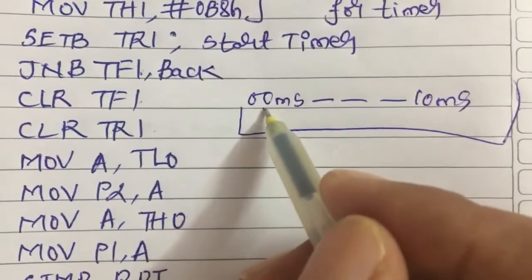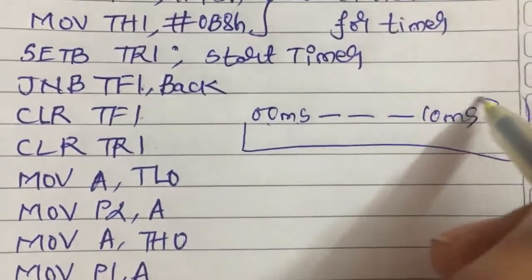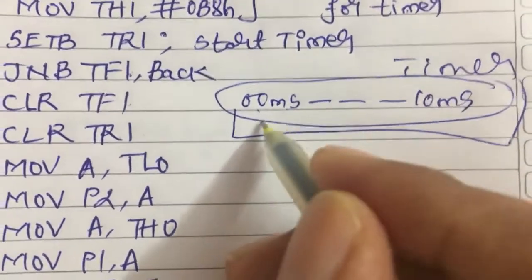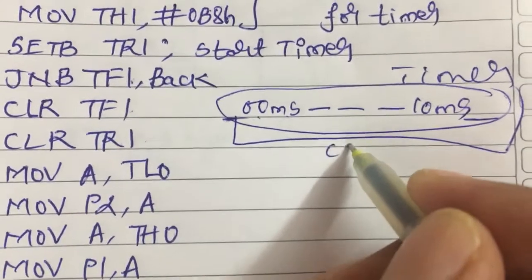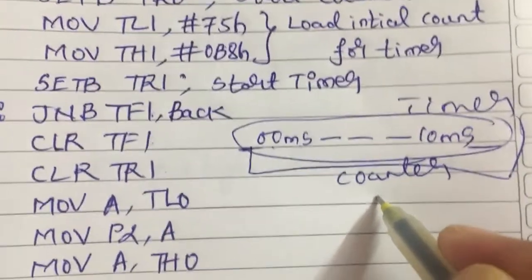From 0 milliseconds to 10 milliseconds, this is the timer, and during this portion the counter T0 will be in the activated state.